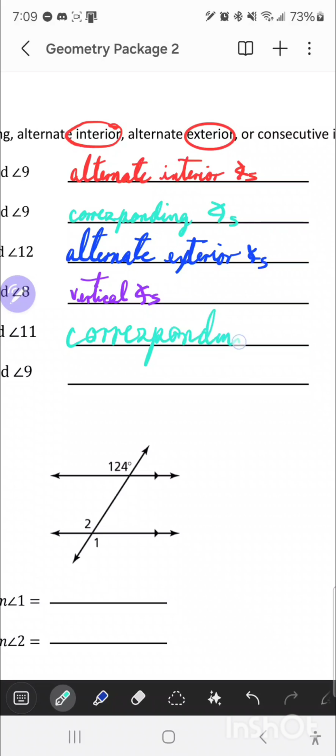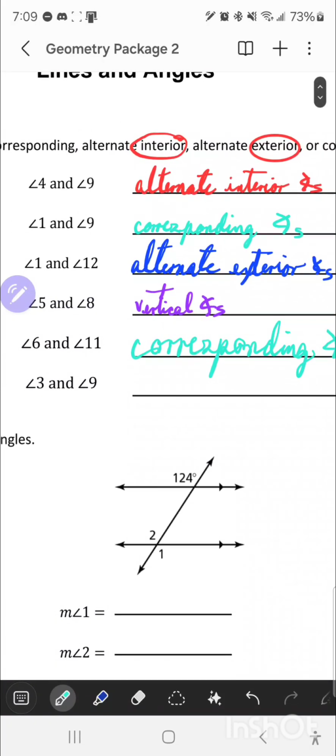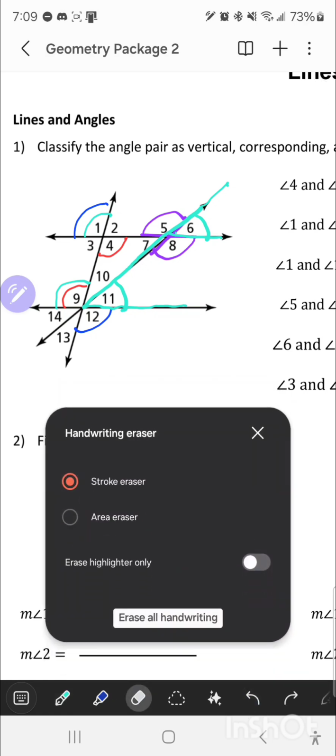Corresponding angles. So that's my answer.